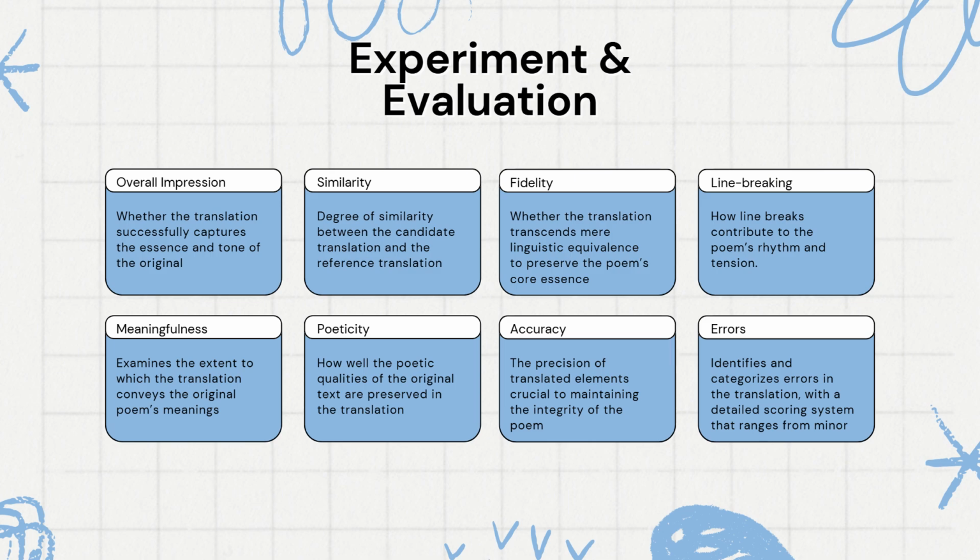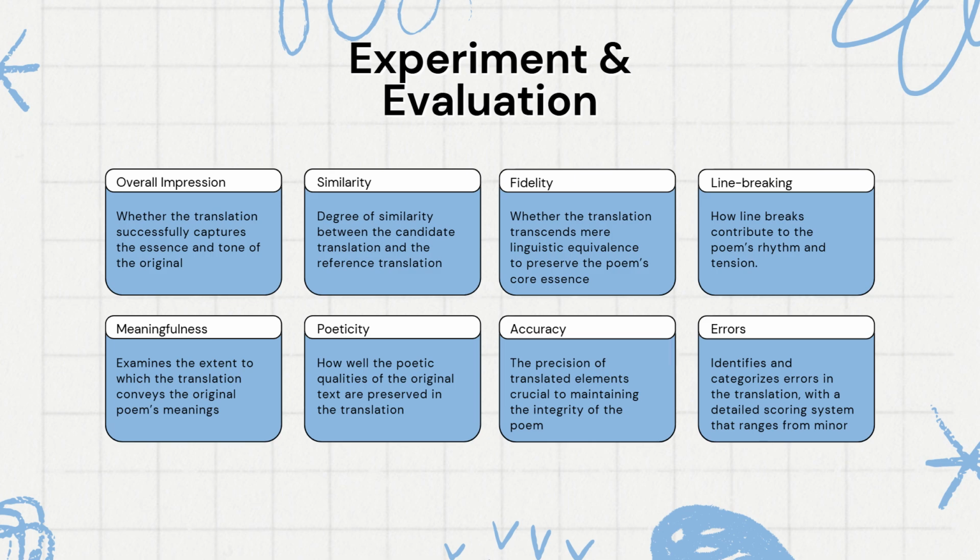Among these, accuracy, line breaking, and poeticity are given particular emphasis. For example, accuracy ensures that the meaning of the original poem is faithfully conveyed. Line breaking evaluates whether the translation preserves the structure and rhythm of the original text.